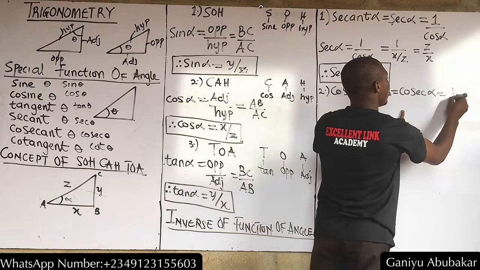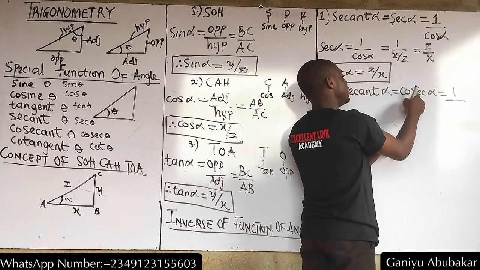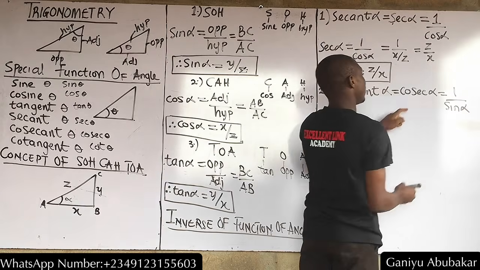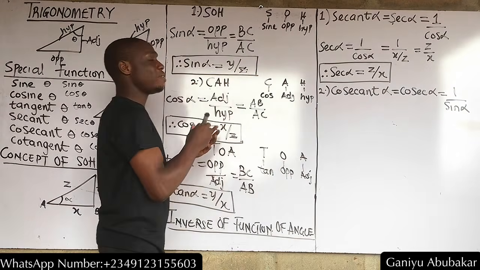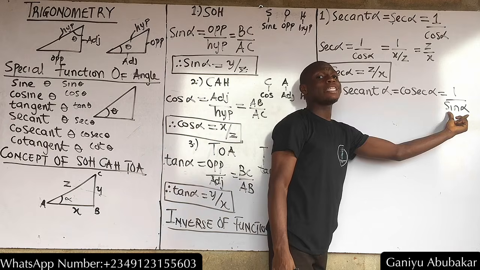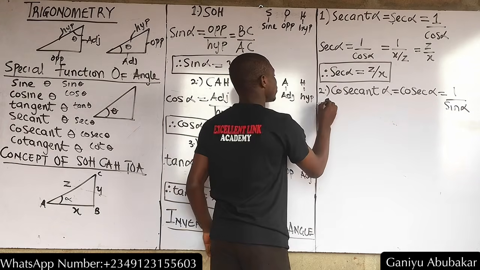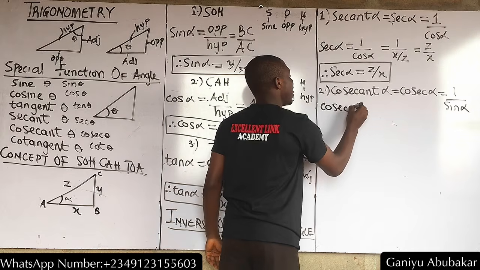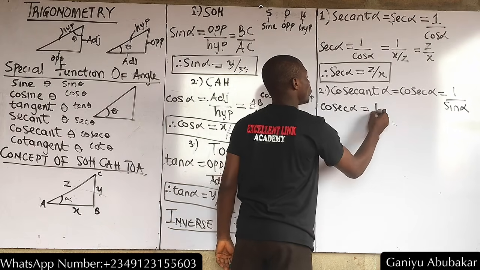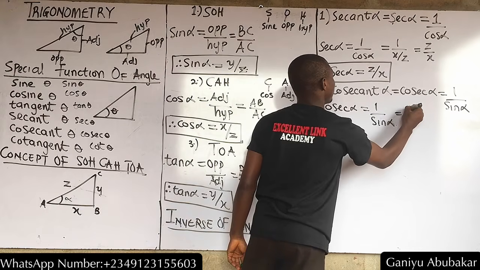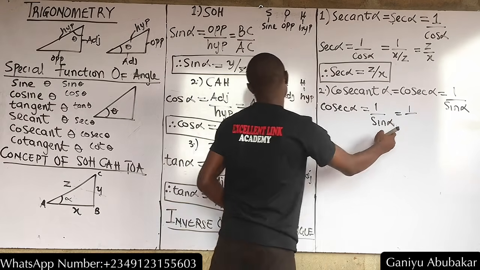This becomes 1 over 1, 2, 3. This is sine now. That becomes sine alpha. So this one becomes the mathematical expression for cosec alpha. So I'm saying that cosec alpha is equal to 1 over sine alpha.